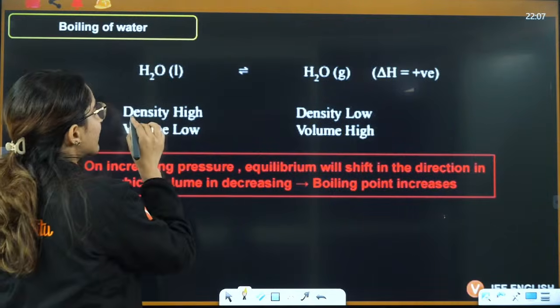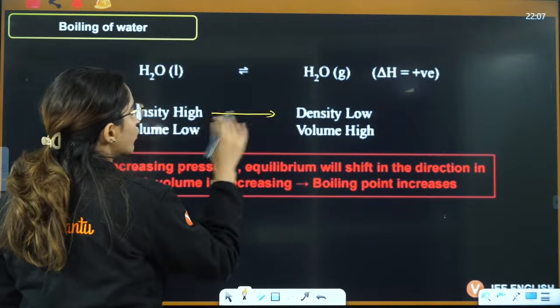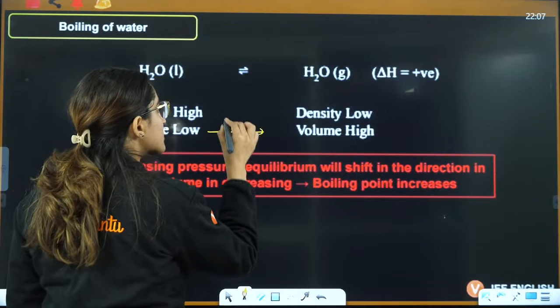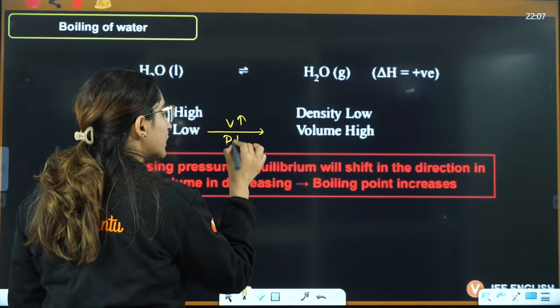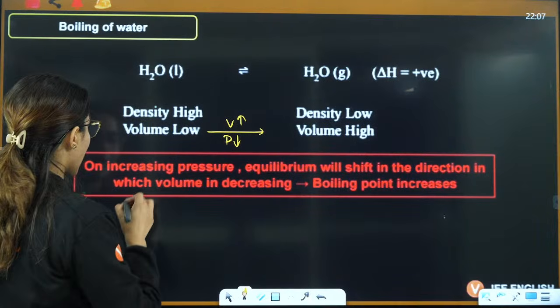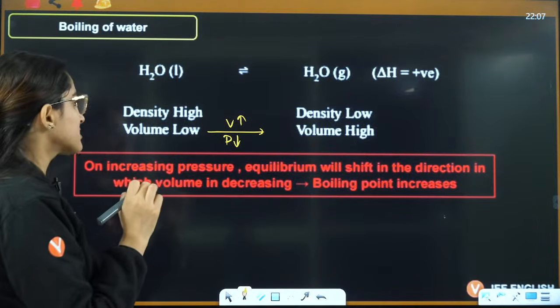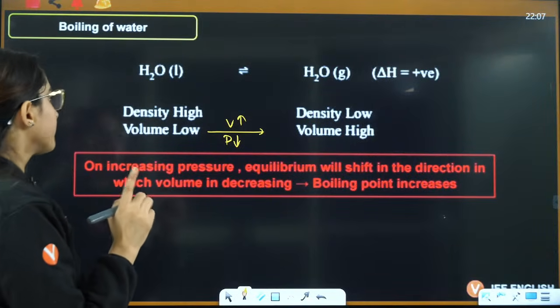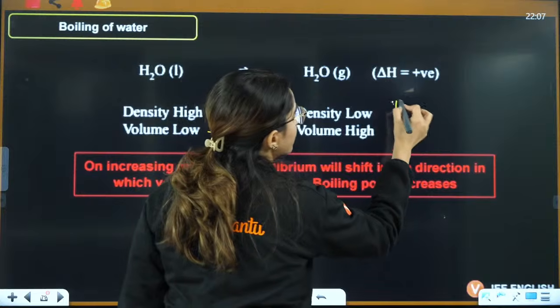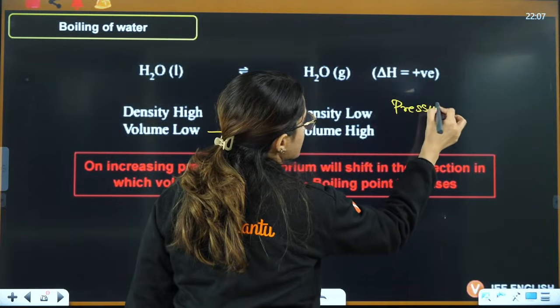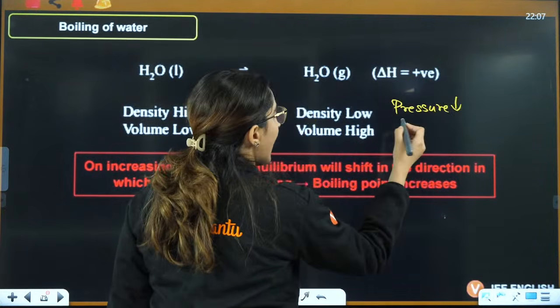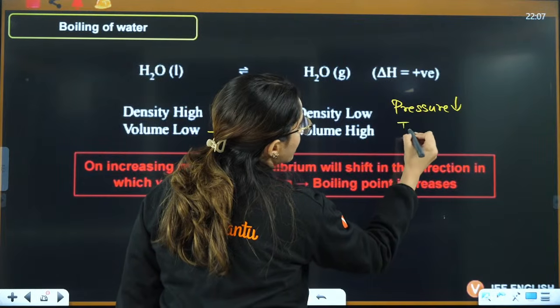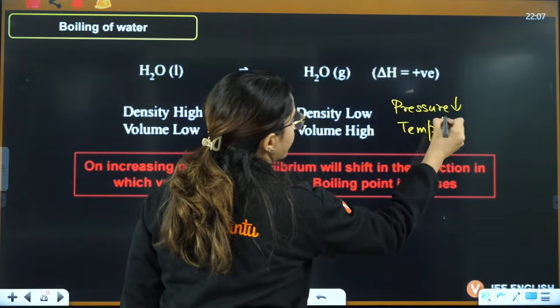So here density is high, going from high to low density. So volume here is increasing, that's why pressure will decrease. So in this case the pressure is going to decrease. You'll just write it here, pressure decreases. I'll explain that point as well. And here it is endothermic, that's why temperature will increase.